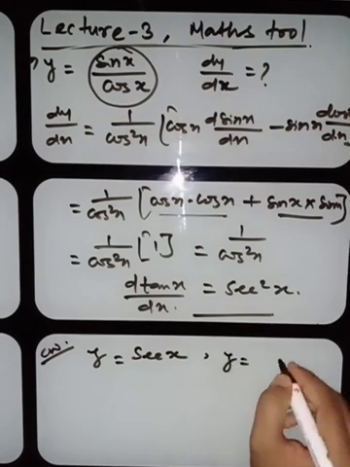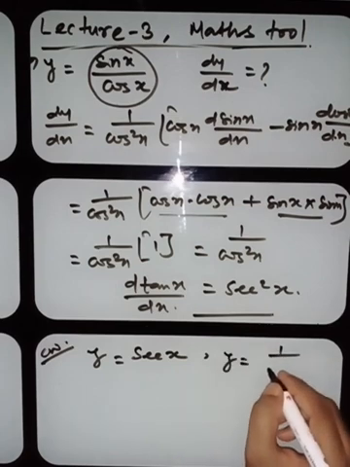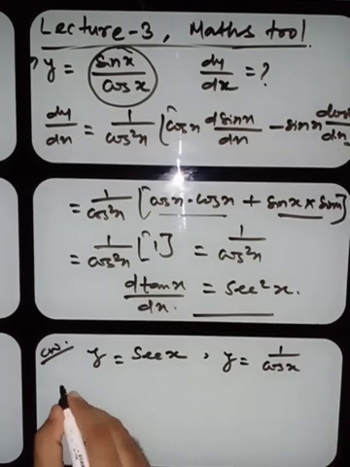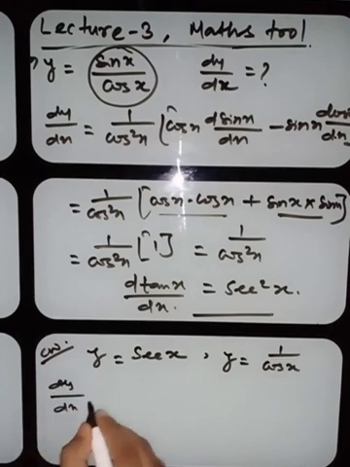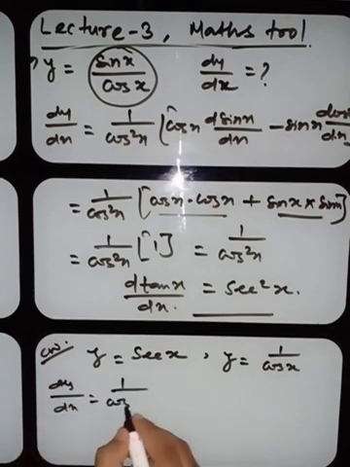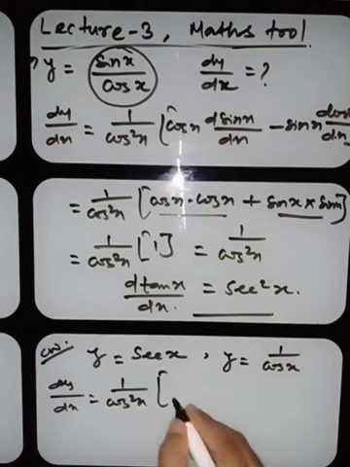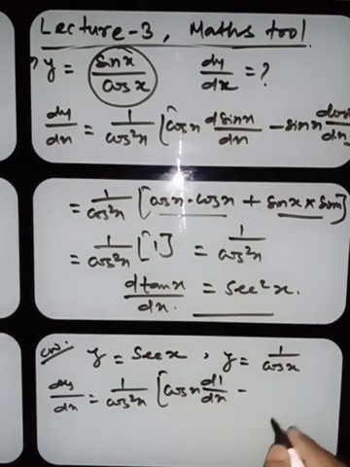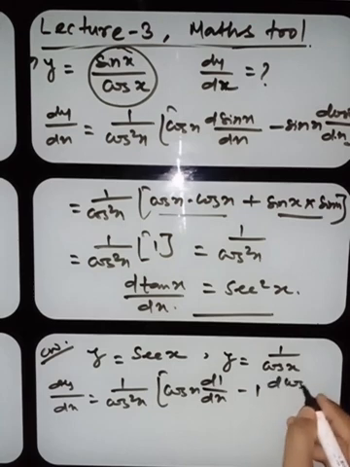I can write this sec x as 1 by cos x. Now dy by dx is 1 by cos square x times cos x d1 by dx minus 1 d cos x by dx.